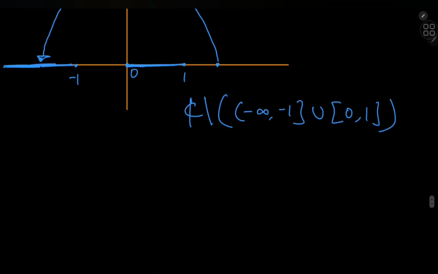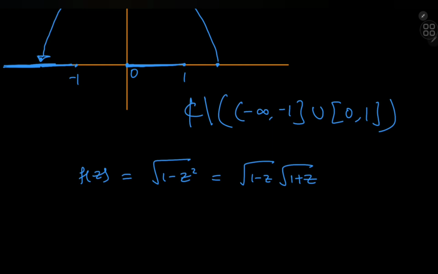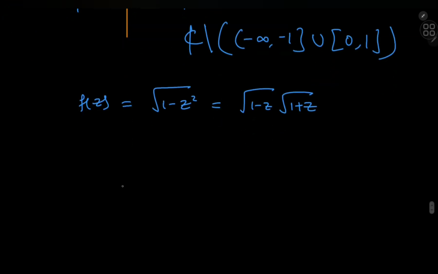One more example would be the function f of z equal to square root 1 minus z squared, which can of course be written as 1 minus z times 1 plus z, all in square roots. And in this case, we see that we have 2 branch points at -1 and +1.